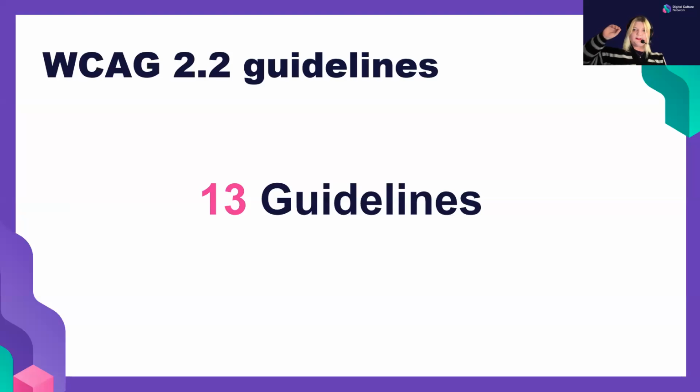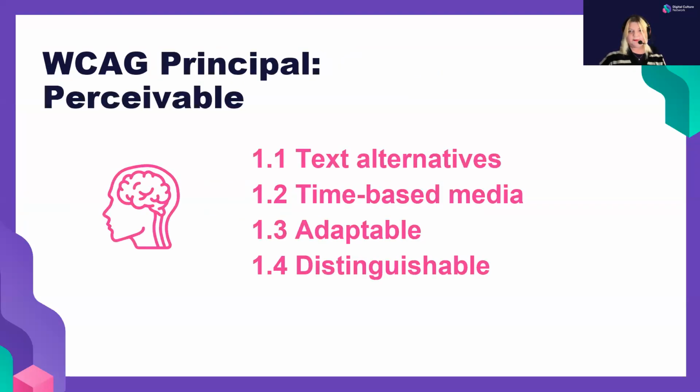And underneath those overarching principles, there are 13 guidelines, as I mentioned. For example, 4 of the 13 guidelines that sit under the perceivable principle are text alternatives, time-based media, adaptable, and distinguishable.